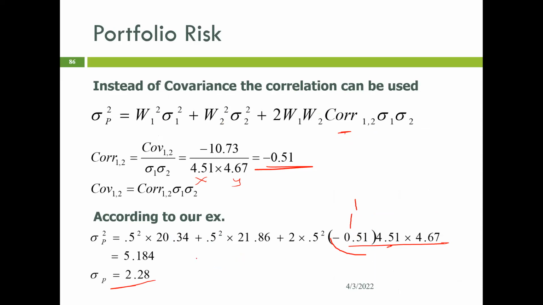So now calculate the portfolio risk. Simply use the calculator. Instead of -0.51, use the 1 and see what the risk is. Quickly see the number.